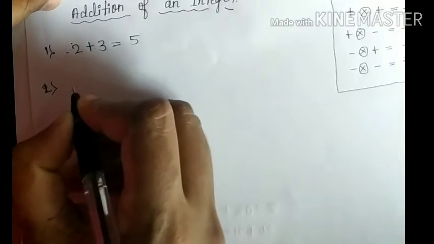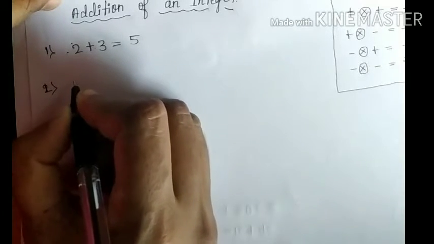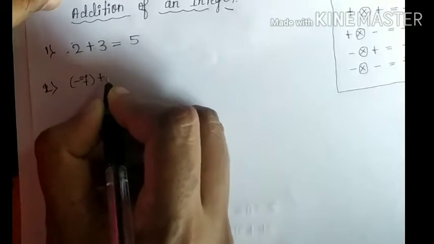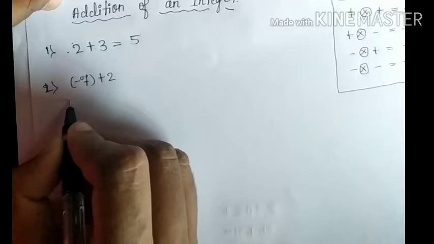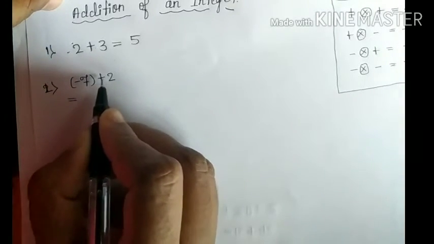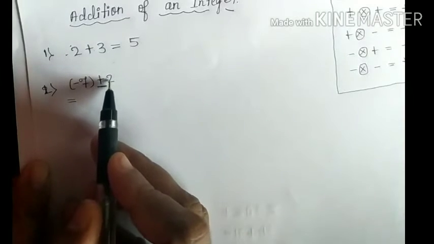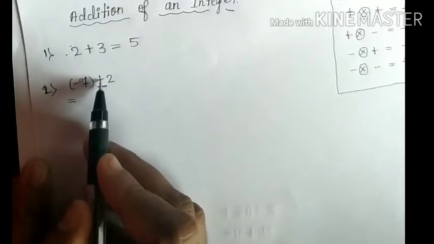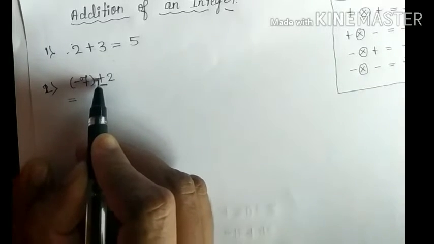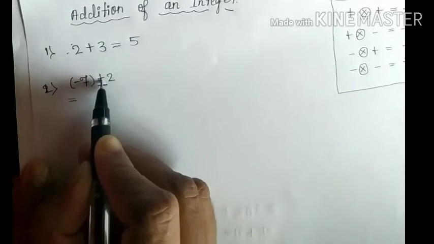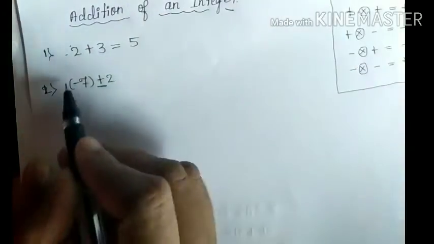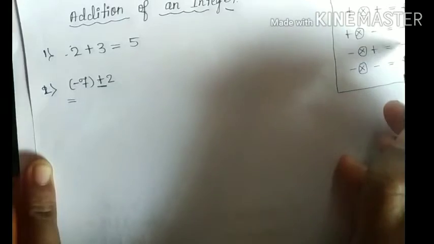Next, one negative and one positive. I will take -7 plus 2. See here, we will write -7 as it is, and 2 is also positive, so plus only. Then minus plus is what? Minus plus, we have to take the sign multiplication. Minus plus is minus.